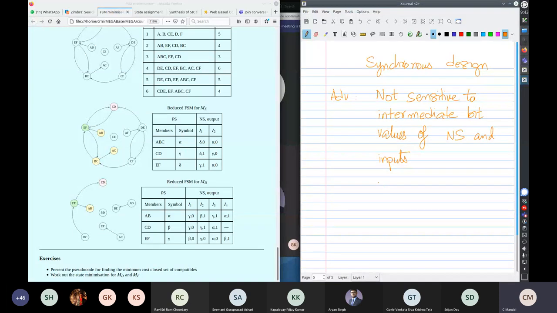Because as you saw, essentially what is happening is you got these intermediate values, and then you got these stable values. Sorry, I just made a mistake here.